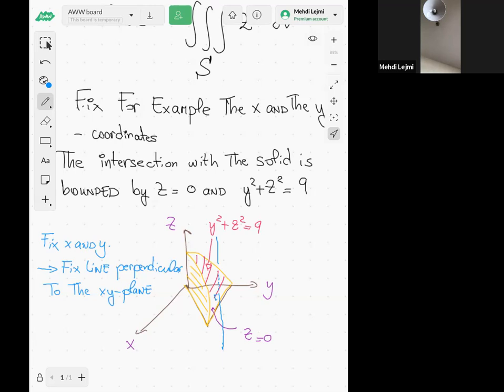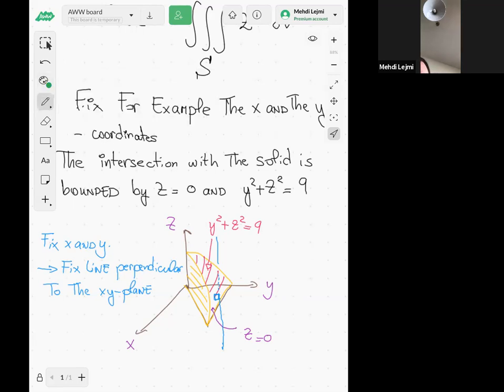Okay, so far so good. All right, so this line here is perpendicular to the xy plane, right? Now, you are interested in the intersection of this line with your solid. This line intersects your solid first in the bottom. Let me pick a different color. Let's pick a green.